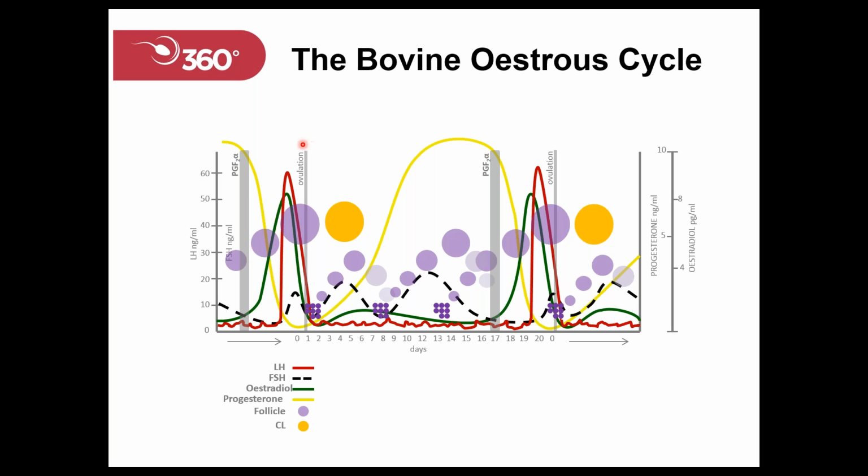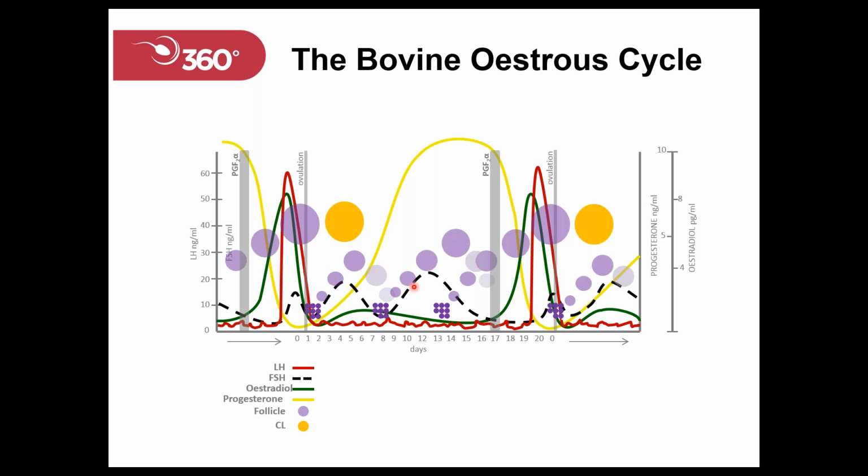So just briefly, the cycle goes from ovulation to ovulation. At the point of ovulation, a corpus luteum is formed, which then increases circulating progesterone through the luteal phase. But also after ovulation occurs, a new follicular wave emerges. So this is a really important point to remember.